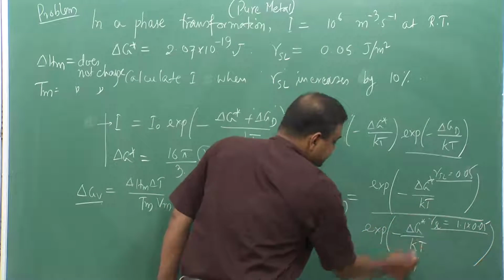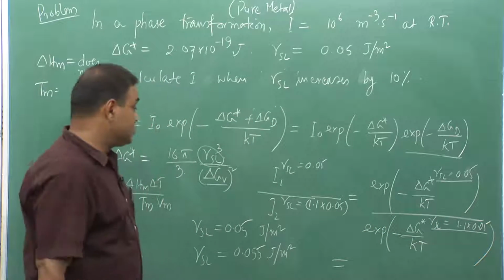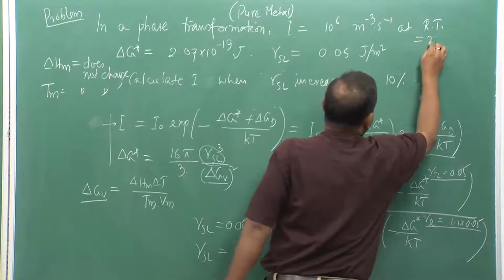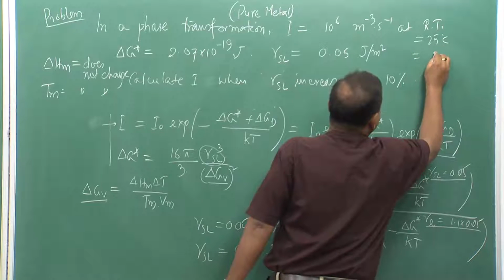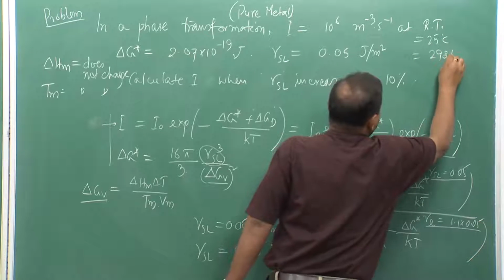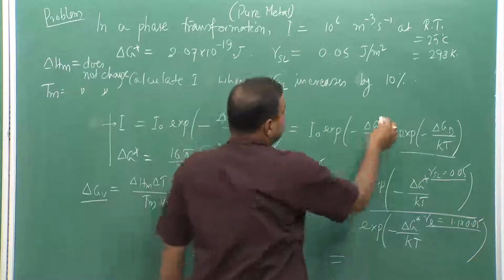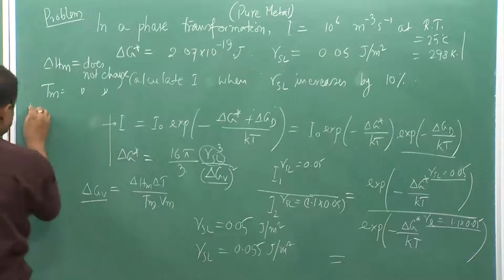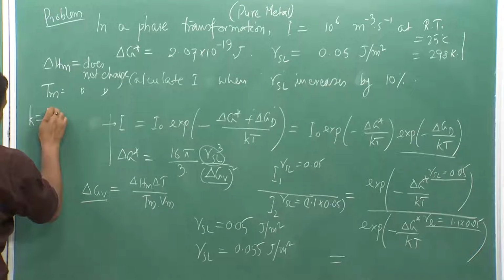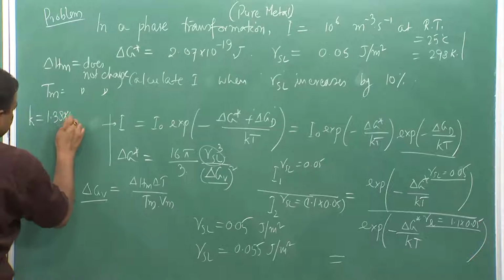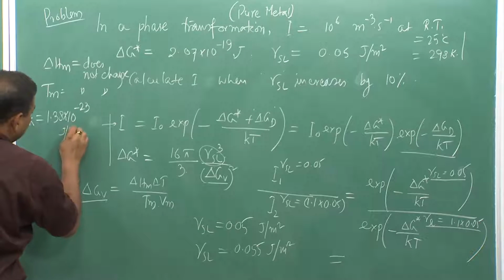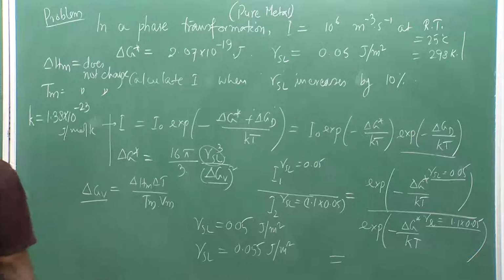You replace this T with the room temperature, let us say 25 degree Celsius, which is 298 Kelvin. K, the Boltzmann constant, is equal to 1.38 into 10 to the power minus 23 joule per mole per Kelvin.